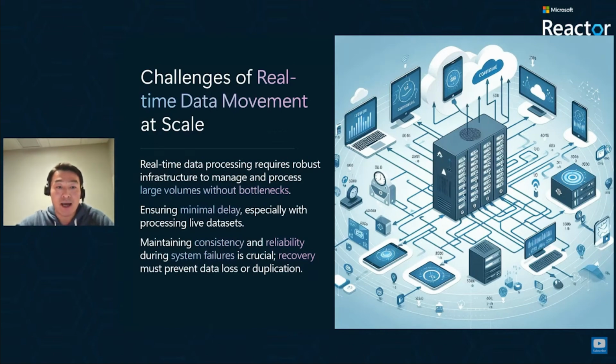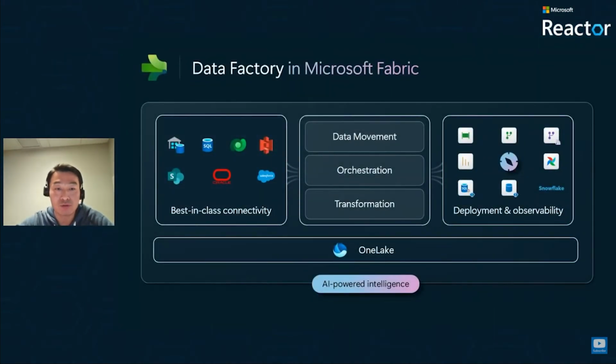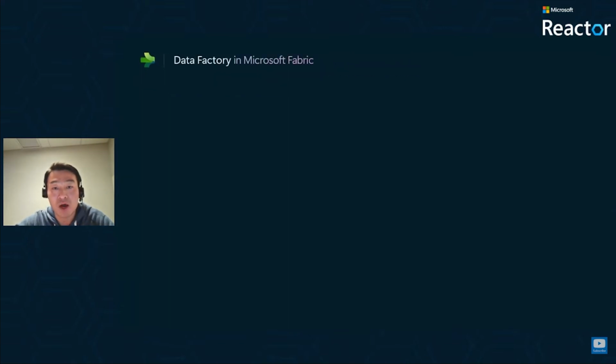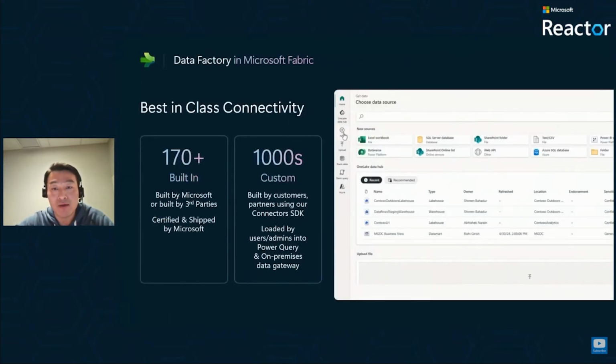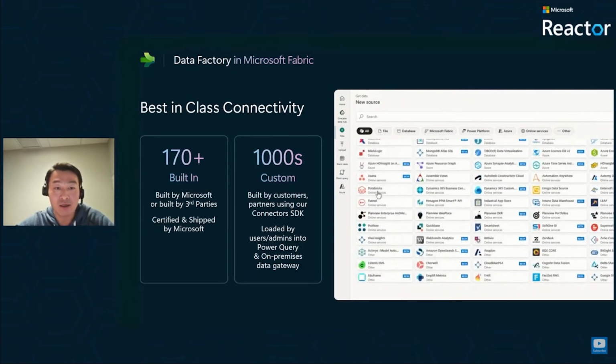So next slide, this is where Fabric comes in to solve those kinds of problems. We may start from Data Factory to see how to solve the data movement challenges as mentioned previously. On the next slide, let's start with how Data Factory makes it easy to access data from anywhere, right?